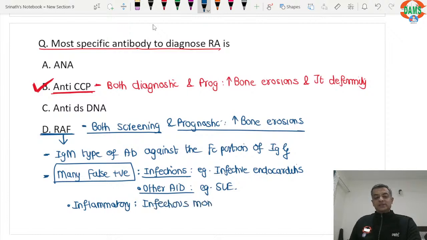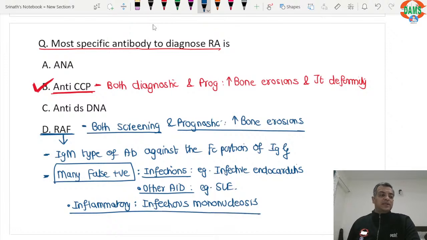Right? So rheumatology is mainly about matching the disease with the antibody.